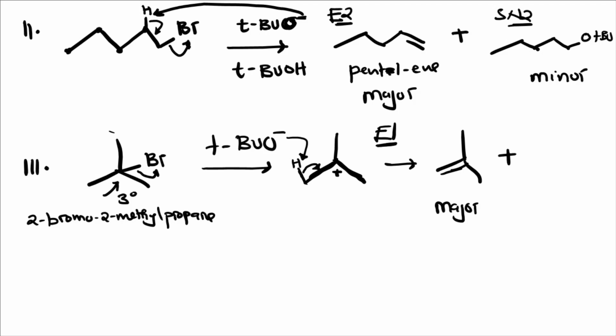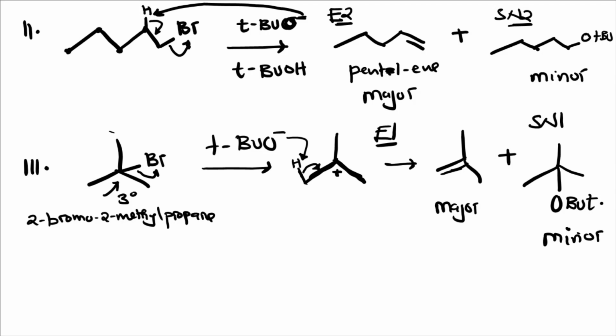The other product that can form is by an SN1 reaction mechanism, where this one will come and directly attack the carbocation. It will give us that product. So this is the major product and this is the minor product.